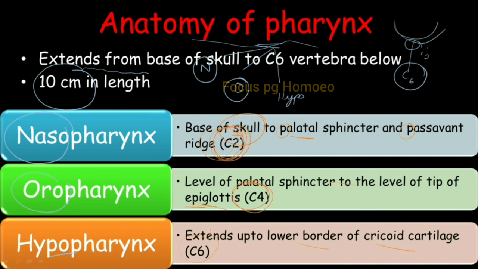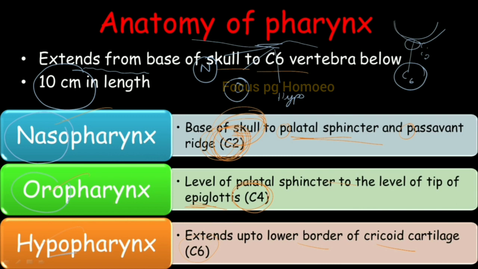Okay. I am just repeating. We already know that the pharynx extends from skull to the C6 vertebra. There are three types of pharynx: nasopharynx, oropharynx and hypopharynx. Nasopharynx extends from the base of the skull to the palatal sphincter and passavant ridge, and the vertebral level is C2.